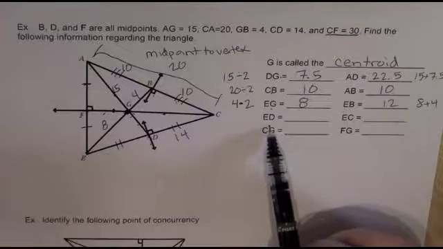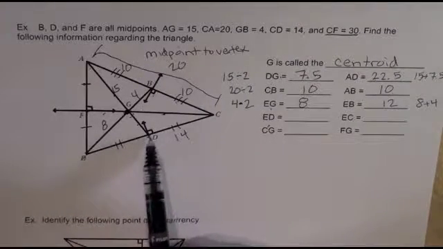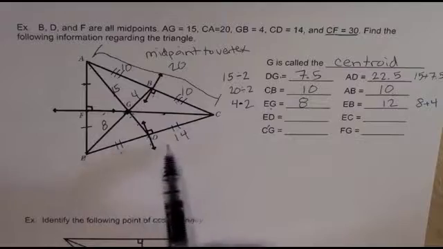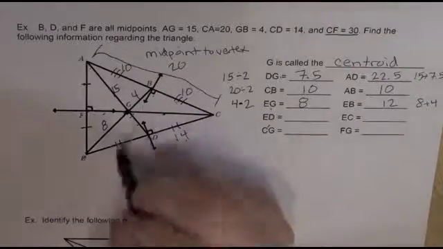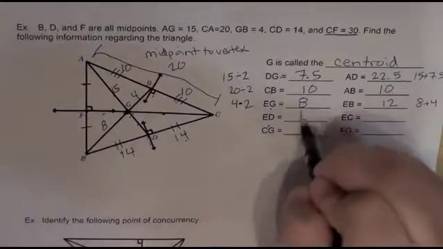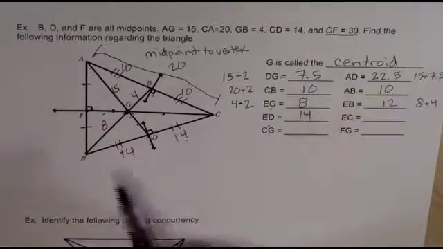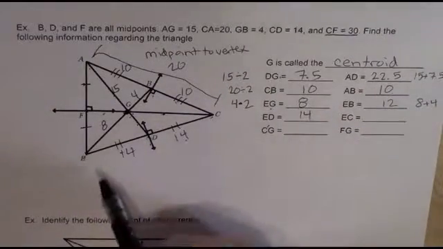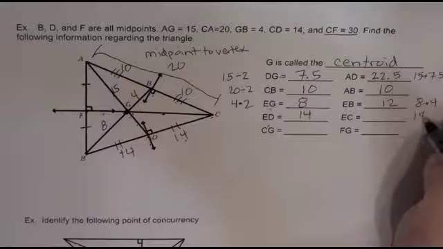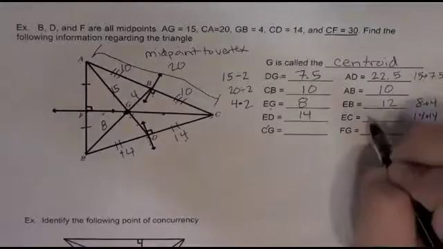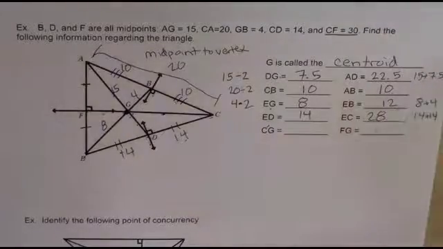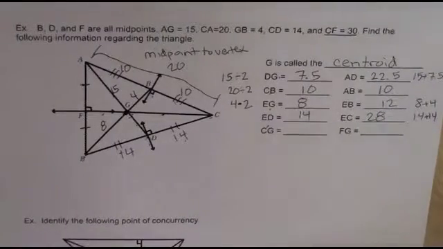Now ED. ED is down here, is congruent to CD, so they both have to be 14, which means E to C, the whole distance, 14 plus 14, a total distance of 28.